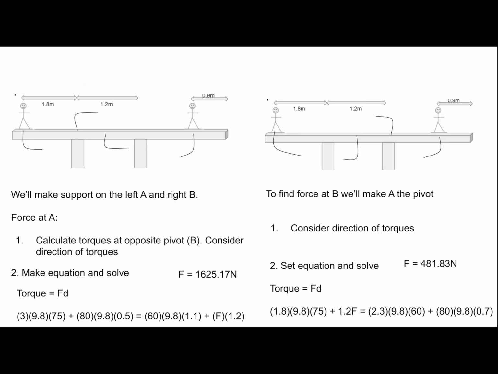So basically, Kevin is 75 kilograms, so 75 times 9.8, plus the weight of the bar, which is 80 times 9.8, plus 60 times 9.8, and that equals 481.83 plus 1625.17. So if they're equal, then you know you have the right answer for sure.